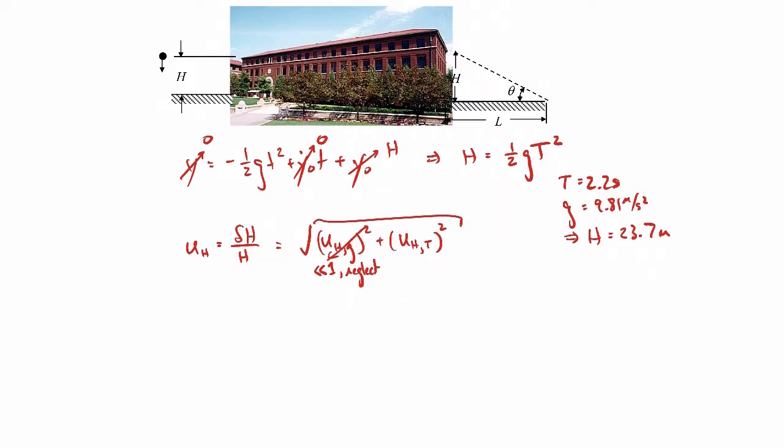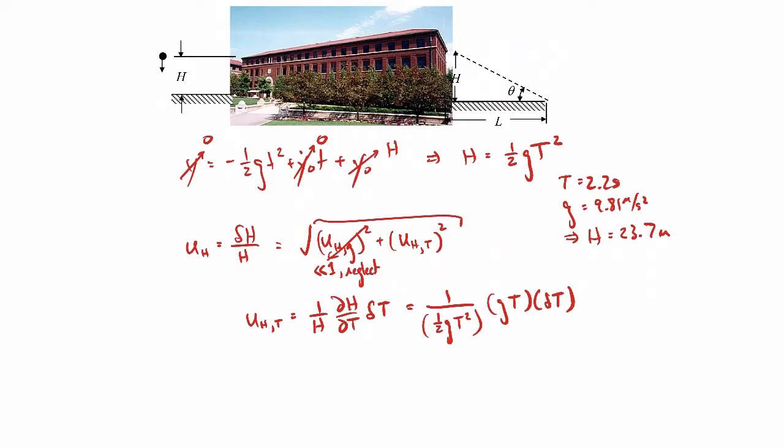Okay, so now we need to calculate the relative uncertainty in h due to t, and that's just going to be 1/h times dh dt times the absolute uncertainty in the time t. So we can substitute in for h using our equation from right up here, so that'll be 1/2 g t squared. Then dh dt, taking the derivative of this equation with respect to t, will just be g times t, and then we have the absolute uncertainty in the time measurement.